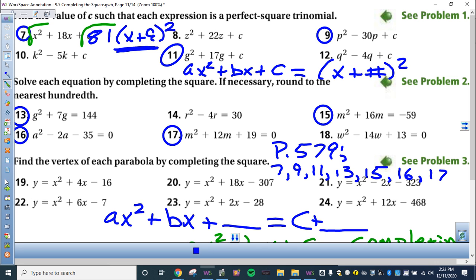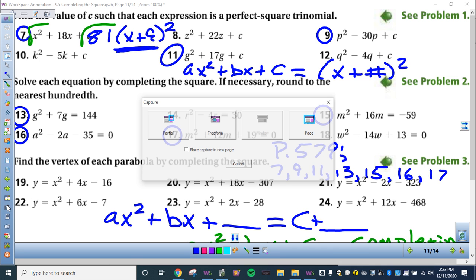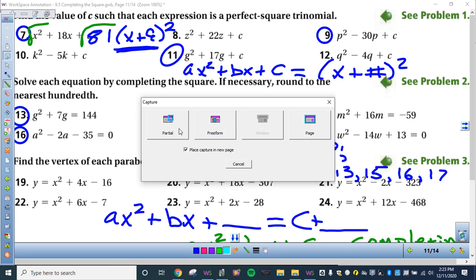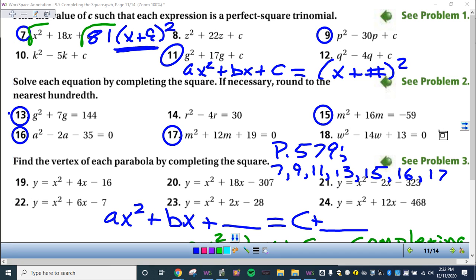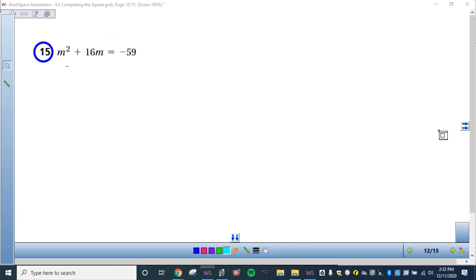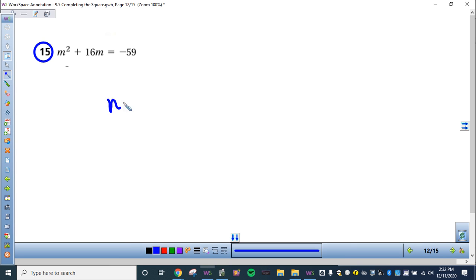No, because you have to square root 5, and you have to subtract the 8 over, because you have m plus 8 squared. Wait, why do I do square root of 5? You're getting close, but not quite there yet.